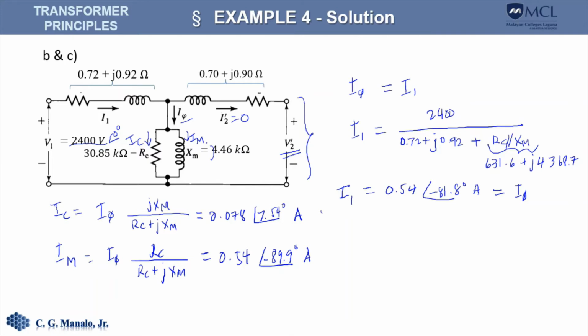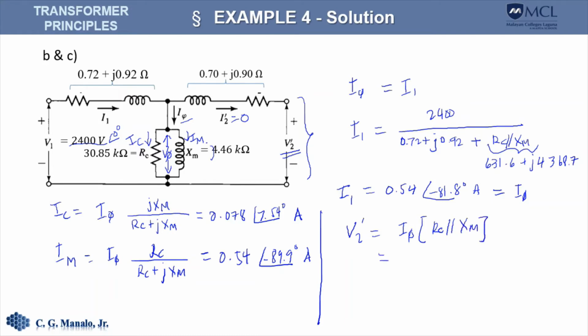So how about V sub 2 prime? V sub 2 prime is actually also the voltage across here. So let's call this V sub P, and that voltage is equal to I sub E times the parallel combination of R sub C and XM.